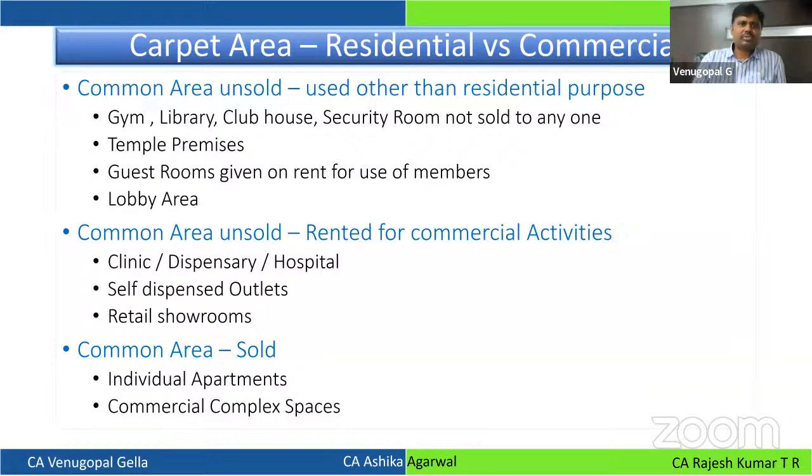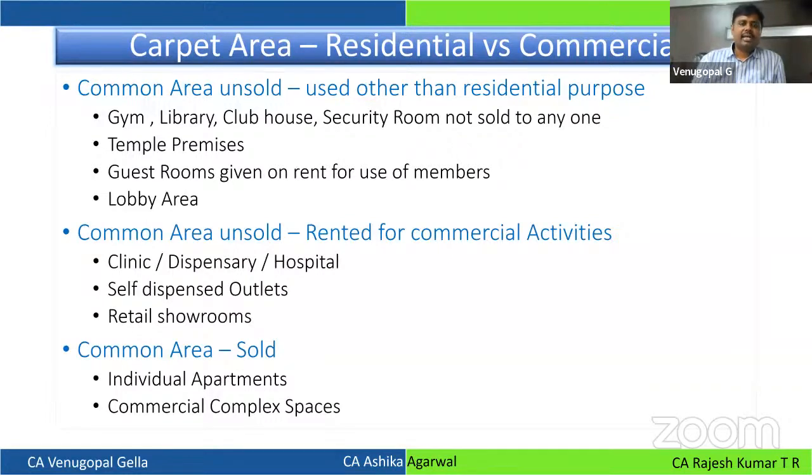What happens to the rest of the area? While I am making the registration with the sub-registrar, I am paying the stamp duty basis 2,500 square feet. However, the carpet area which is given to me is only say 1,600.